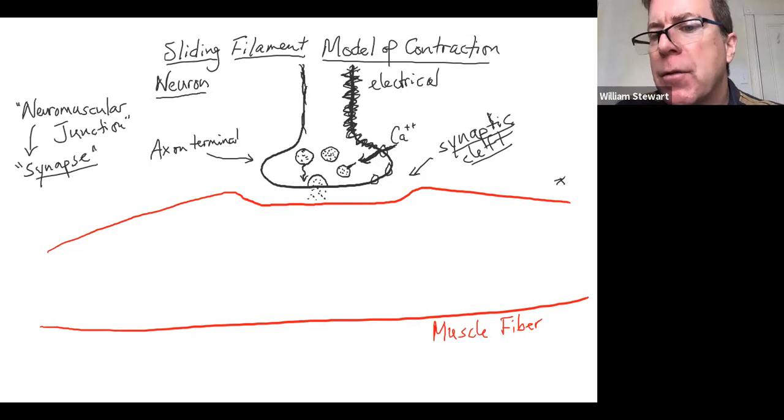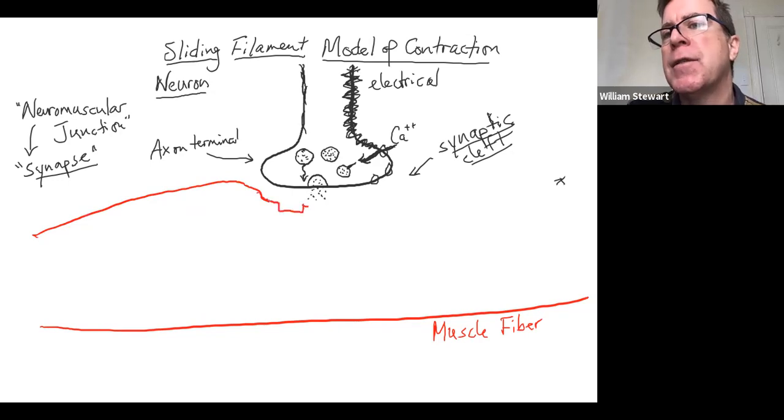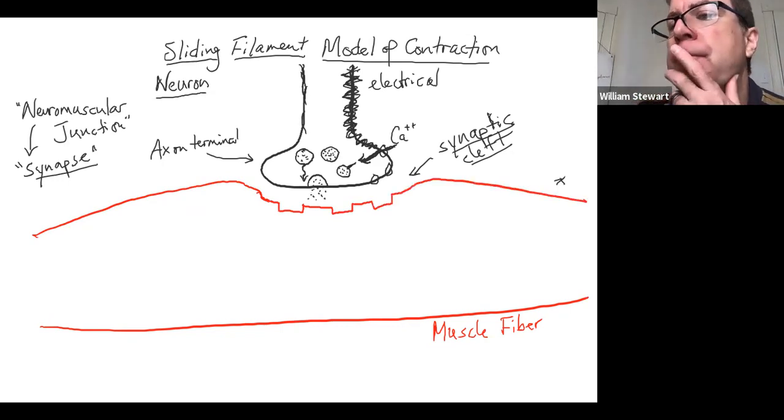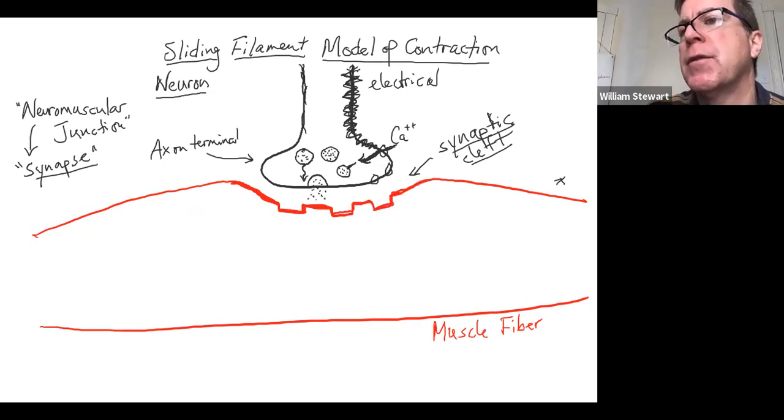Now, on the end of the muscle cell, I'm just going to erase and redraw this, because in this indented area of the muscle cell are little spots. So this whole indented area that I've drawn, I'm reinforcing it in dark red. This depression area is called the motor end plate of the muscle cell.